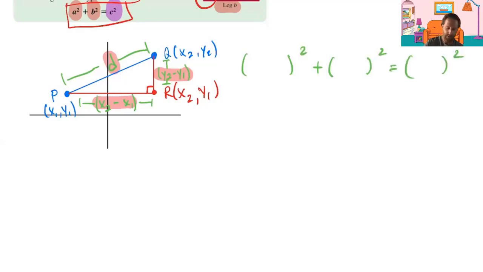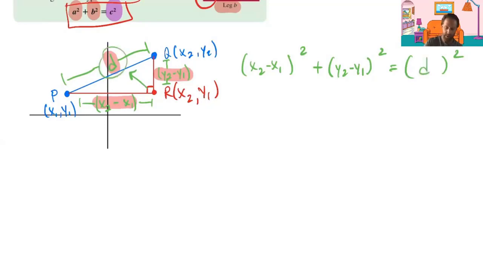And that would be x2 minus x1, y2 minus y1 for our two distances, our a and our b. And then our last side, the hypotenuse, which remember is always opposite the 90-degree right angle, would be d.